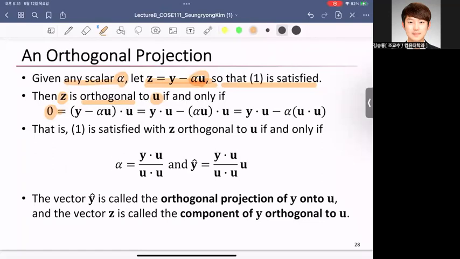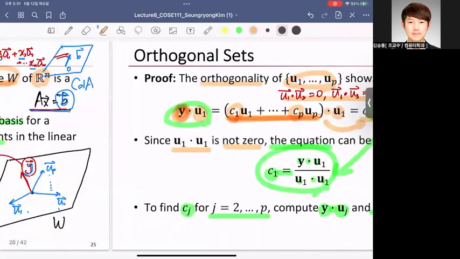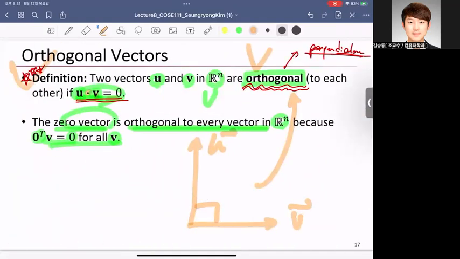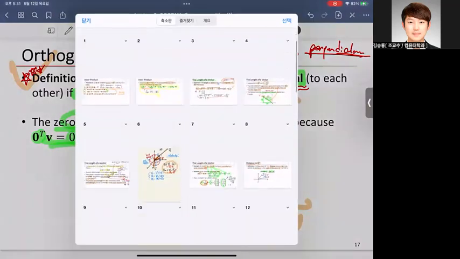0 is equal to the inner product of z and u, that is, the inner product of (y minus alpha u) and u. Two vectors are orthogonal if the inner product is equal to 0.